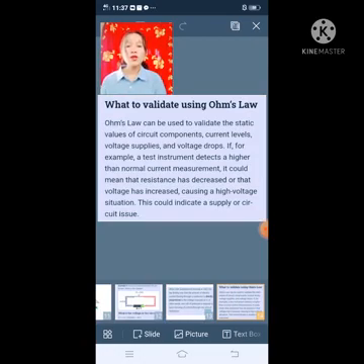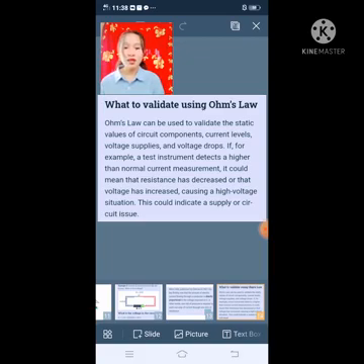Ohm's law can be used to validate the static values of circuit components, current levels, voltage supplies, and voltage drops. If, for example, a test instrument detects a higher than normal current measurement, it could mean that resistance has decreased or that voltage has increased, causing a high voltage situation.